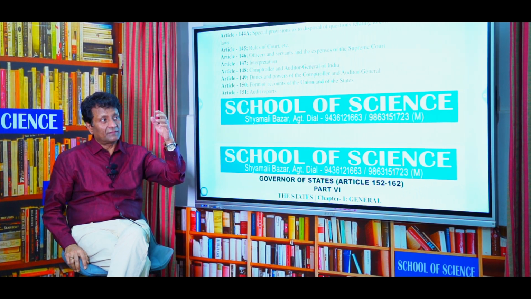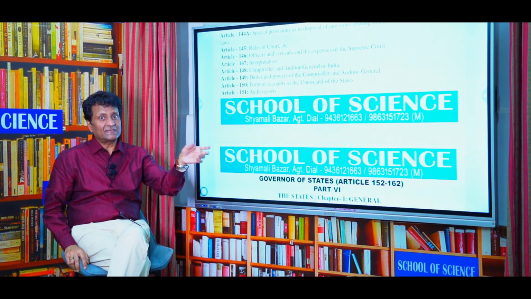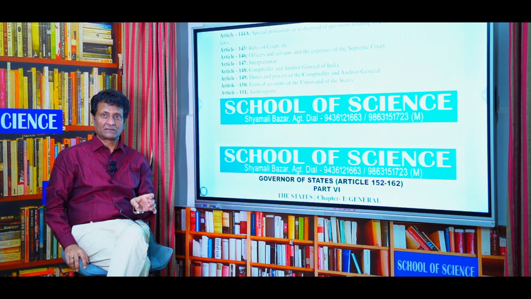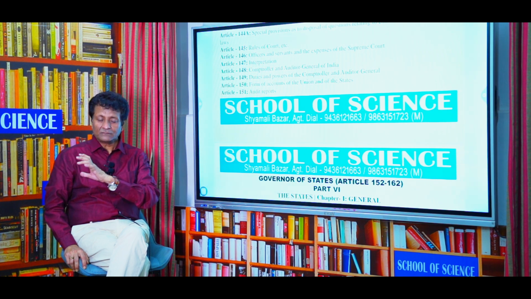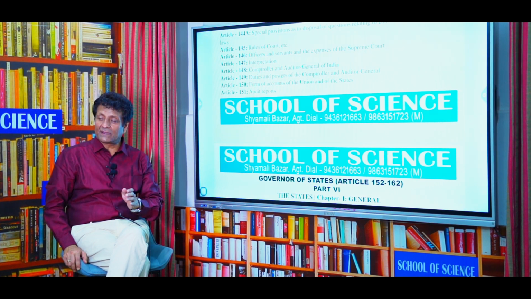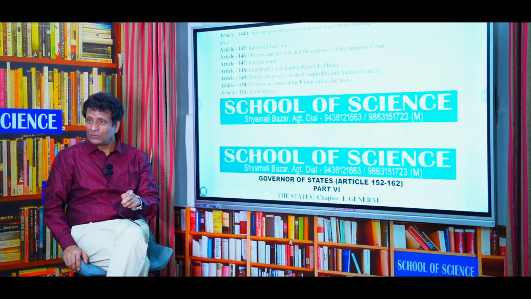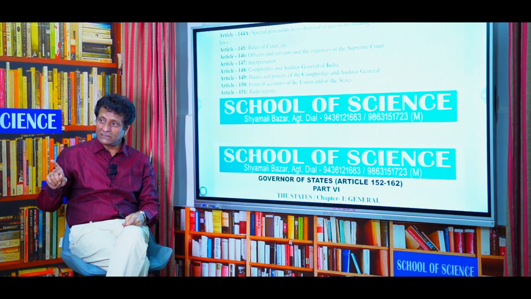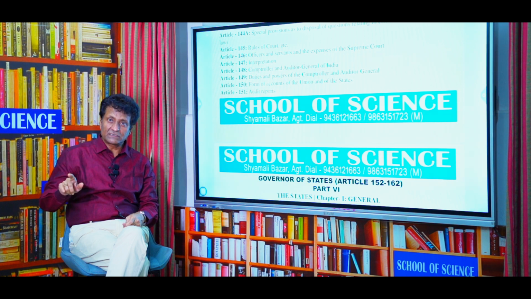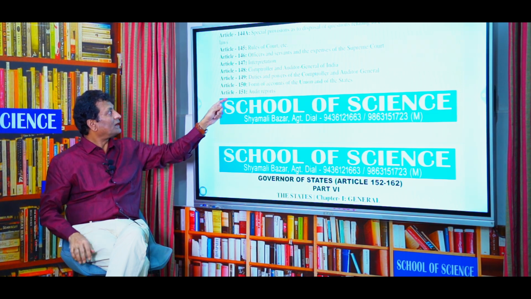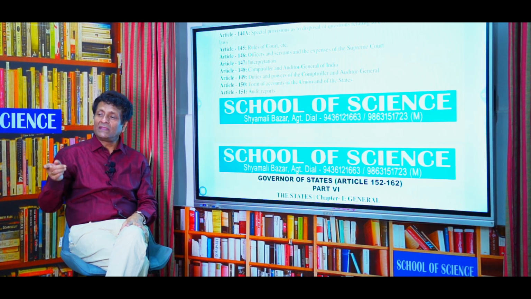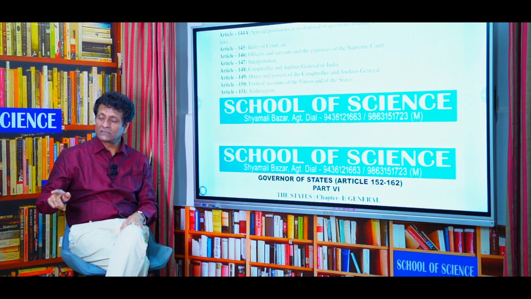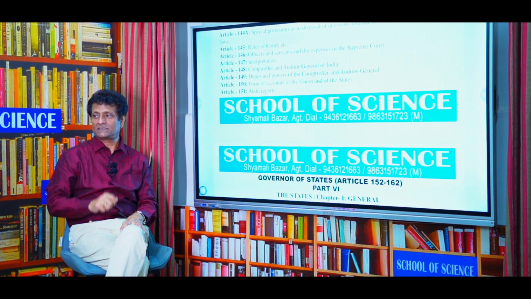First of all, the Union, then the states, then the Union territories. Could you follow me? So you will revise right from article 1, which says that India, that is Bharat, is a union of states, to article 151. Next session, next class, we move to part 6, which consists of the states.